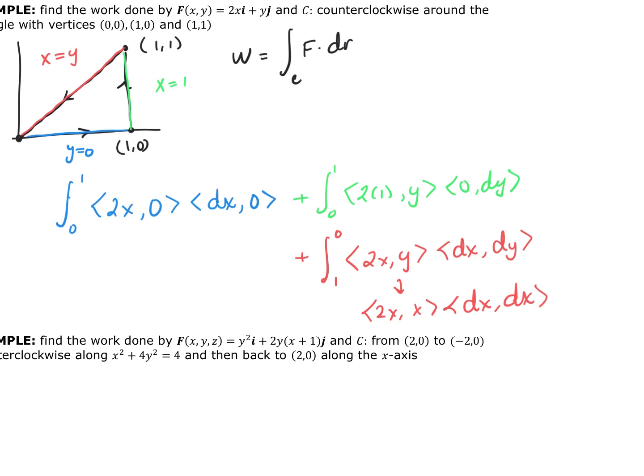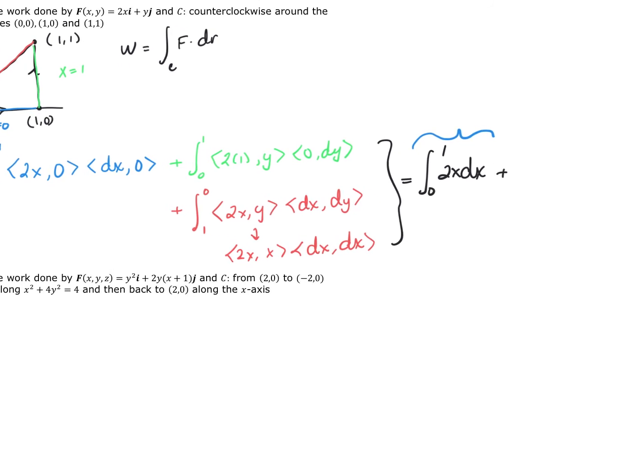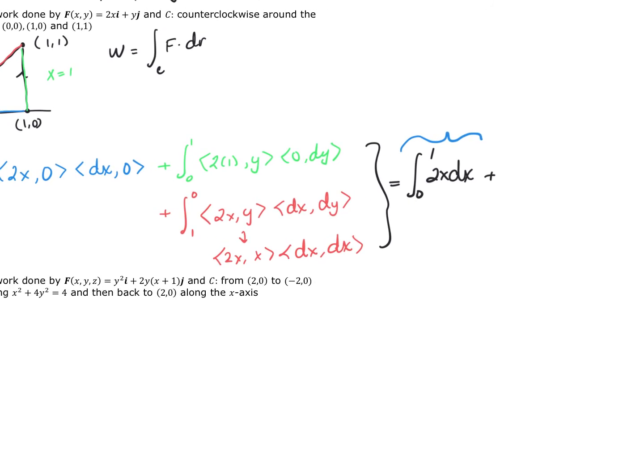So what this is now equal to is my 0 to 1 of 2x dx, that's the blue one. And then plus my green, which is going to be from 0 to 1 of, when I do the dot product, it's just going to be y dy.